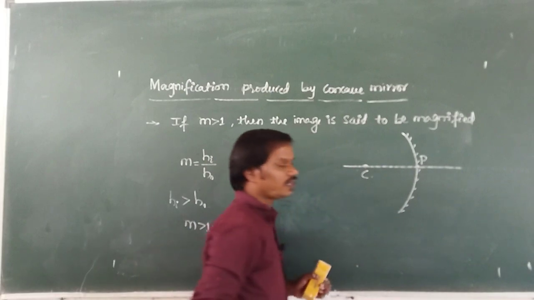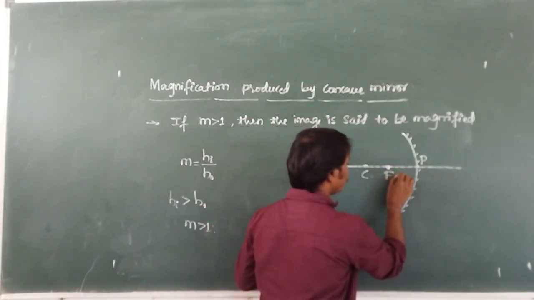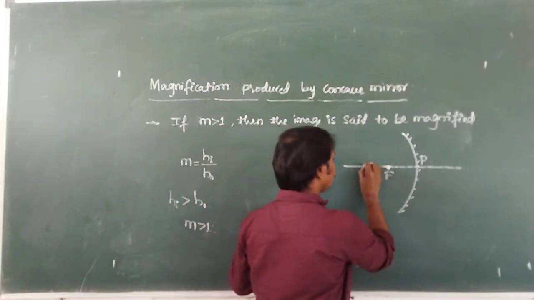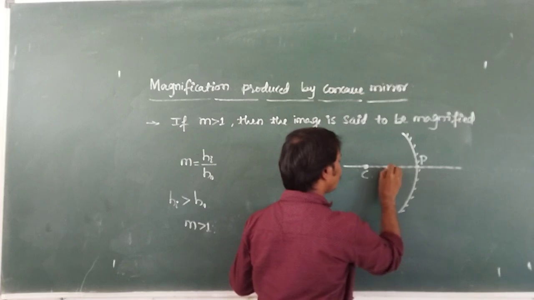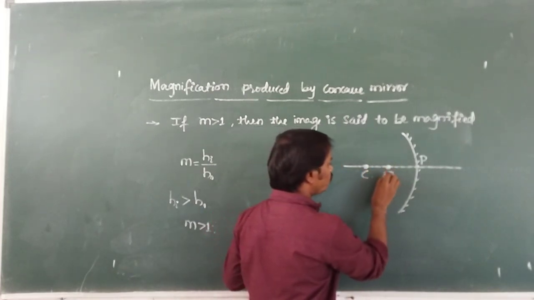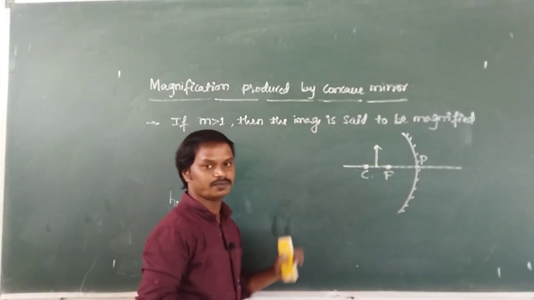This is the focus, and the concave mirror has a real focus. Suppose the object lies between C and F, center of curvature and focus of the concave mirror. Now this is the object.